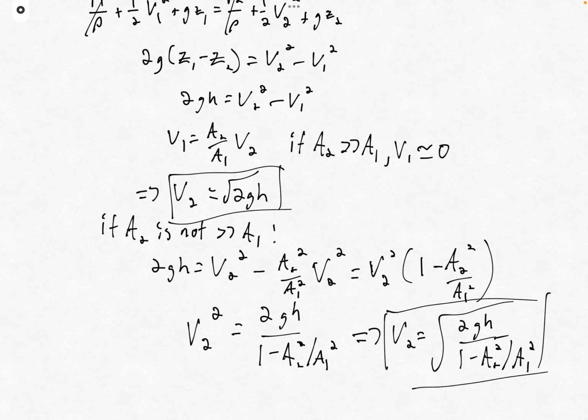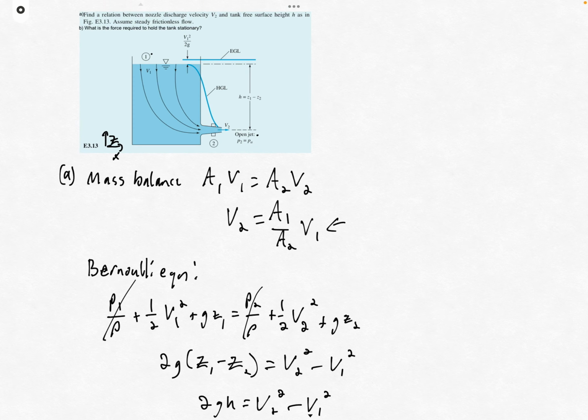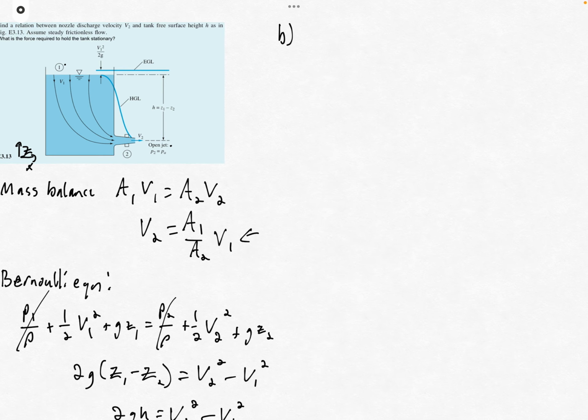But now we're going to go back to the problem statement, and we're asked, what is the force required to hold the tank stationary? Let's start up here. So B, what is the force required?